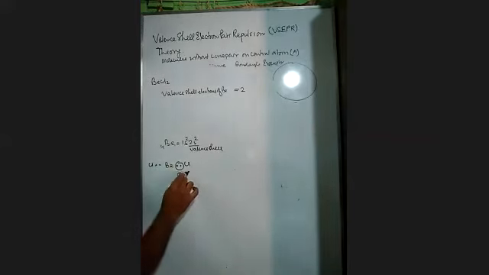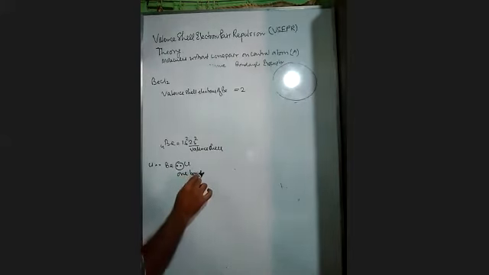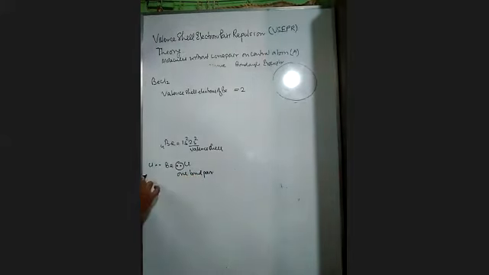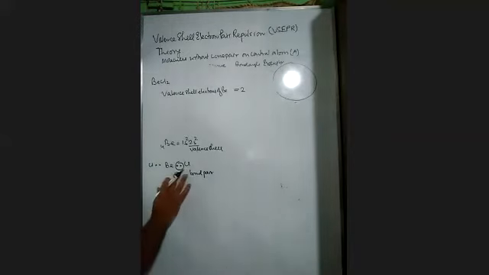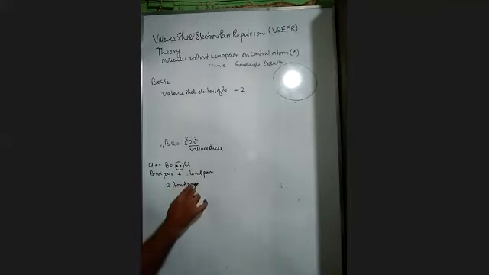Each bond is like Be, Cl, Cl. This is one bond pair, and this is another bond pair. So you have 2 bond pairs.